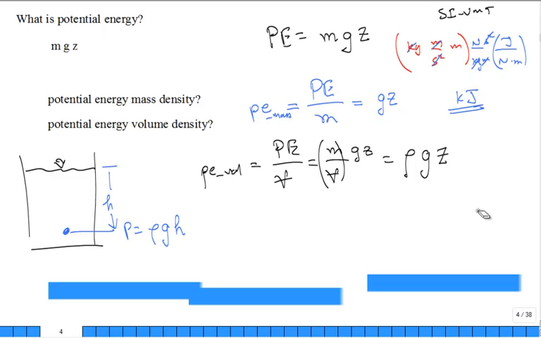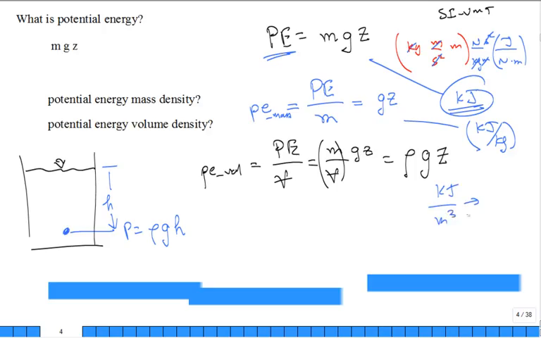Okay, let's do this. We had the SI unit for capital PE, it was kilojoules. What is the SI unit for lowercase pe, potential energy per unit mass? Kilojoules per kilogram. How about for this potential energy per unit volume of the fluid? It'll be kilojoules per meter cubed, which we already did. What is it?